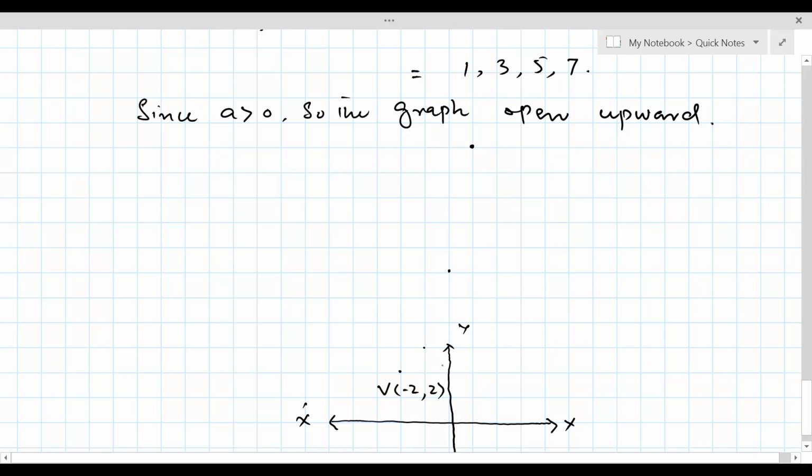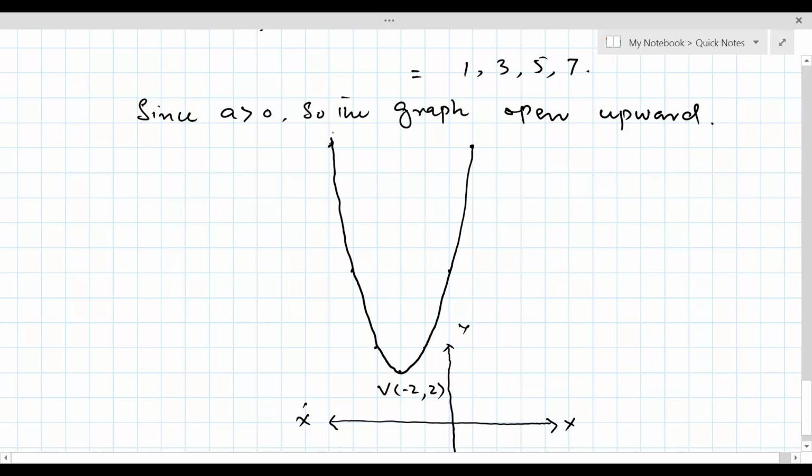And similarly, we go one step left, one step up, one step left, 3 steps up, and then one step left and 5 steps up. Here we have the points which we need to join in order to produce the graph, and this is how we are going to produce the graph.